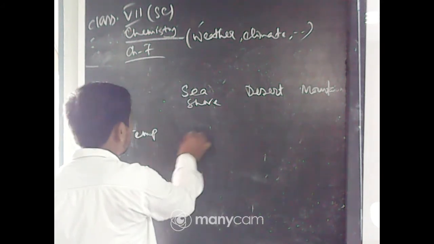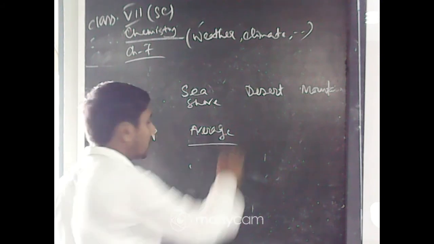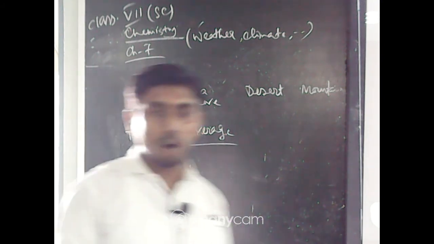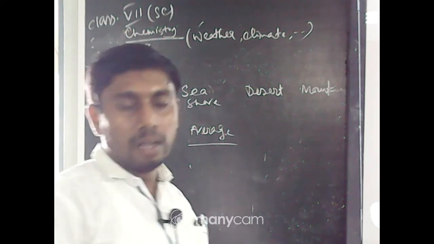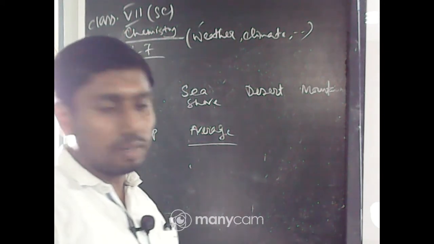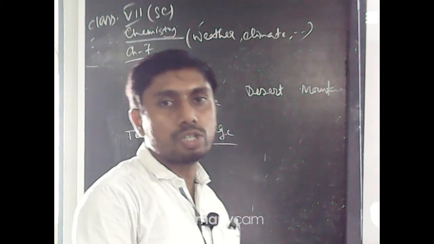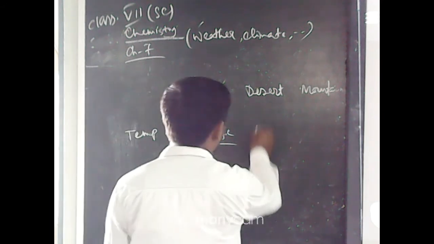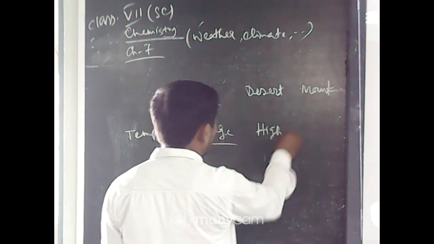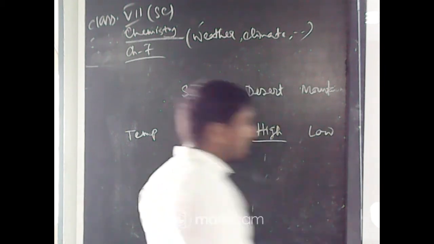So, the temperature is average. For this reason, if you move to Tamil Nadu or Bangalore or Mumbai, you can see that as they are beside the sea, the temperature is not so high as in the desert. So, temperature is average near the sea, high in the desert, and low or moderate in the mountain.